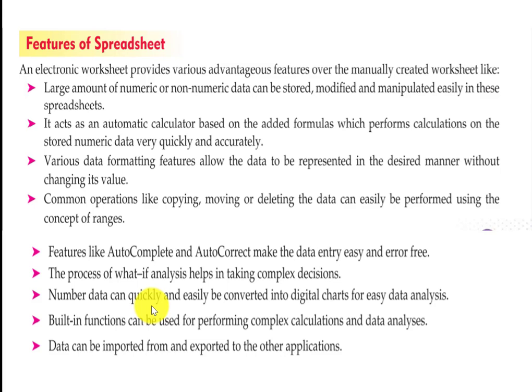Number data can be quickly and easily converted into digital charts for easy data analysis. We can create charts very easily. Built-in functions: I already told you that there are so many built-in functions like sum, average, minimum, maximum, power that can be used for performing complex calculations. Data can be imported from and exported to other applications too.